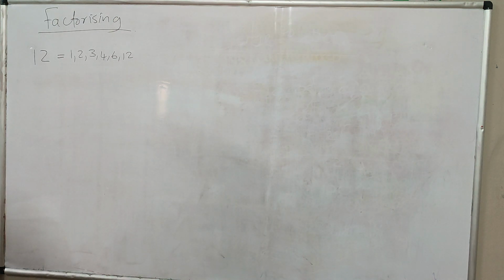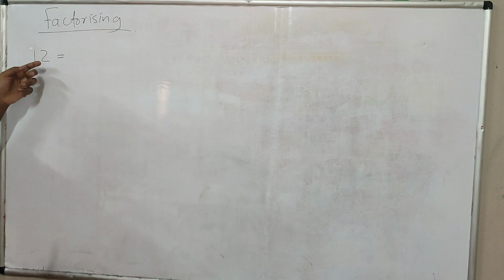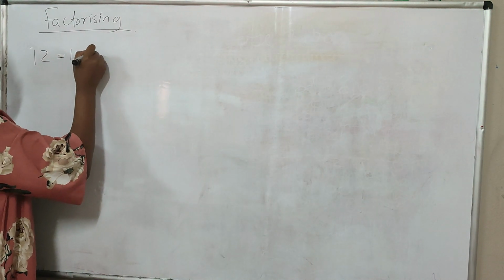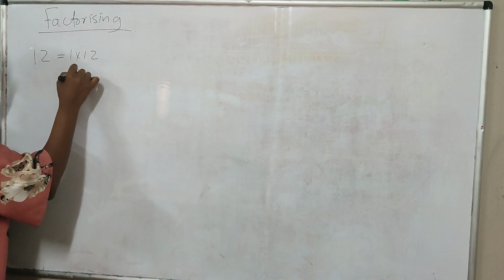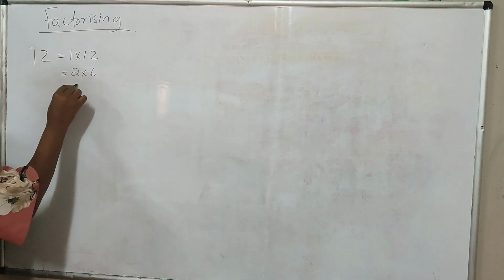It's like 1 times 12, and 2 times 6. You see, now you are getting me. So factorizing 12, you are going to say 12 is equal to 1 times 12. How else can you factorize 12? 2 times 6. How else? 3 times 4.